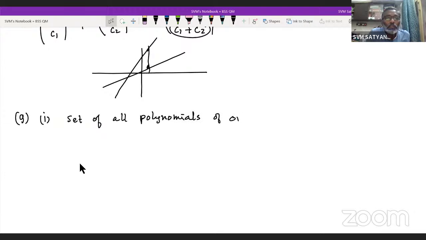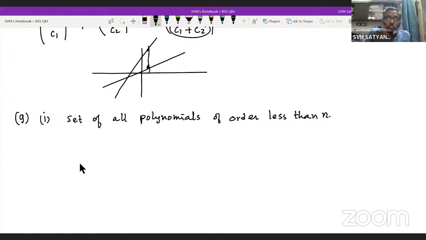In this language, the set of all straight lines can be considered as the set of all polynomials of order less than 2.